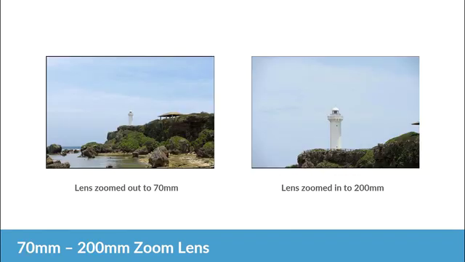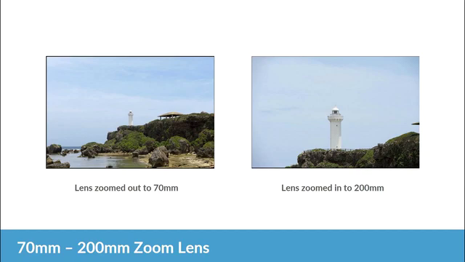So, if we have a look at this with our 70 to 200 millimeter lens, a very, very popular lens, again, you can see that there's a much more extreme difference between these two. Zoomed out at 70 millimeters, we're getting a good sense of the beach, a decent landscape photograph. But zooming into 200 millimeters, we're focusing a lot more on that lighthouse.